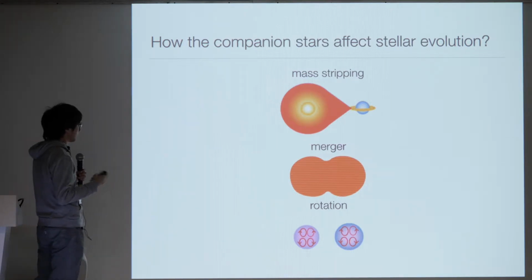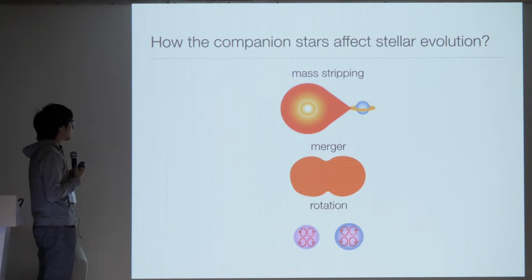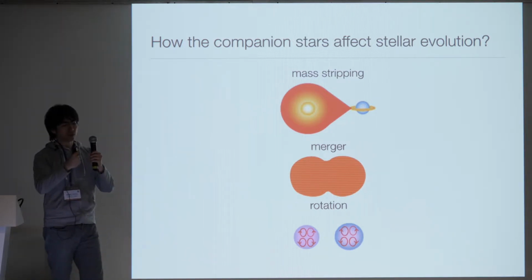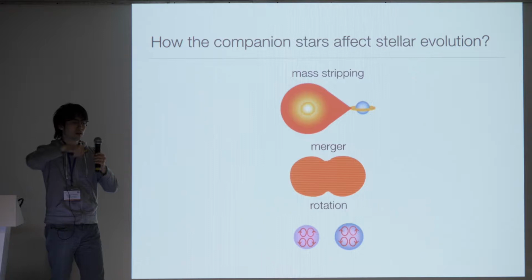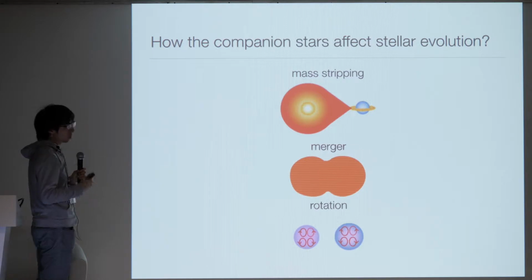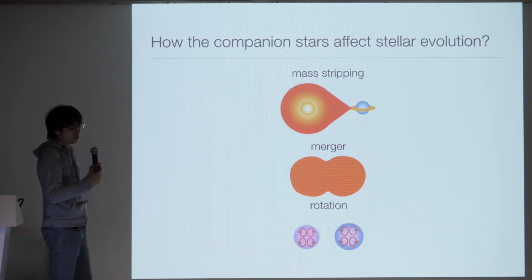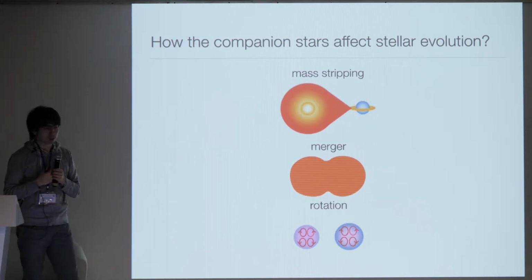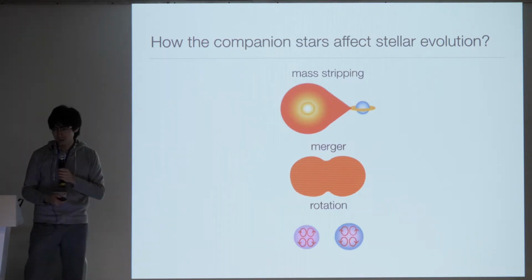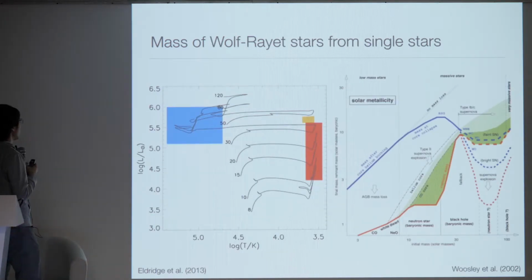And also, as I explained in the lecture in the morning, rotation can have a strong effect on the evolution of stars. If there's a companion star, the orbital energy can make the star rotate rapidly because of the tidal interaction. So a binary system can also affect the rotation of stars, and that can lead to a different kind of evolution. I will overview these three different possible effects in the binary system.